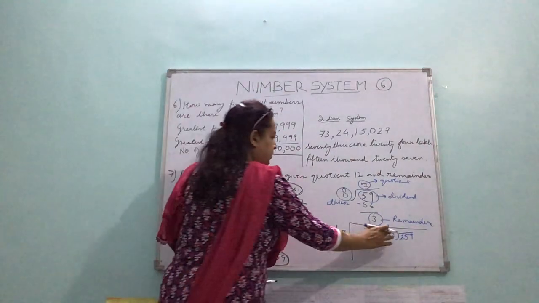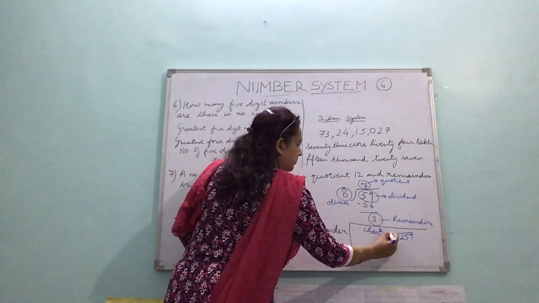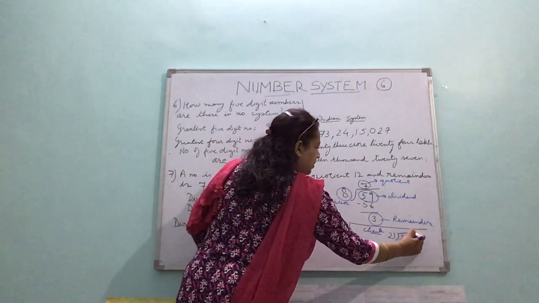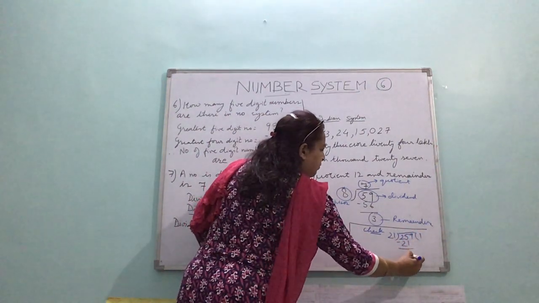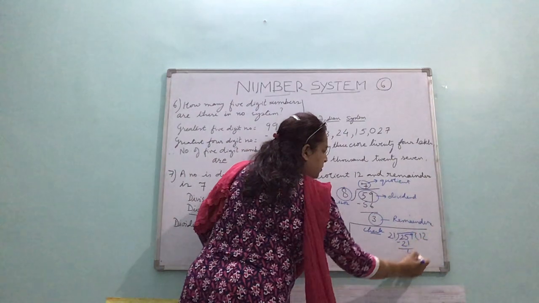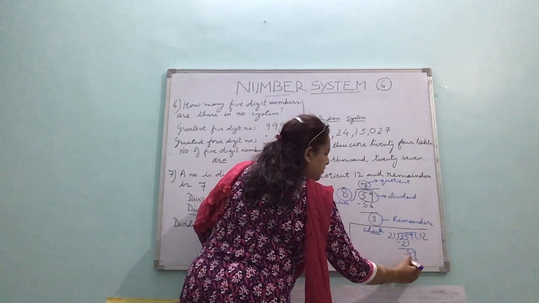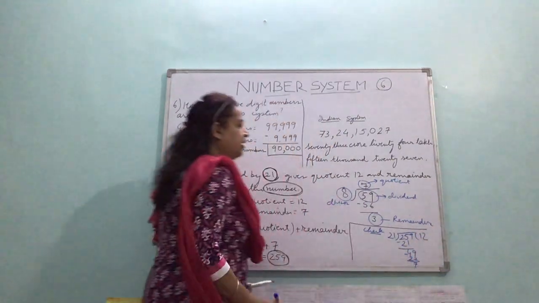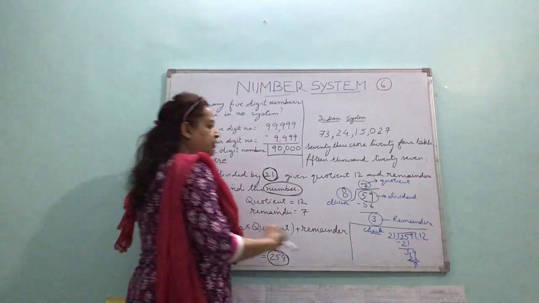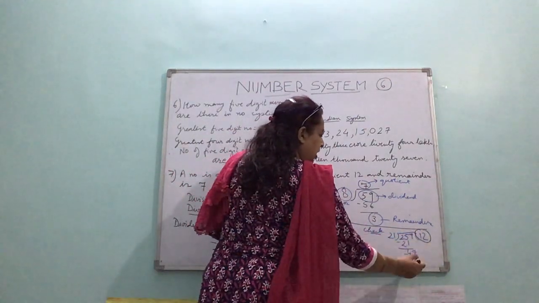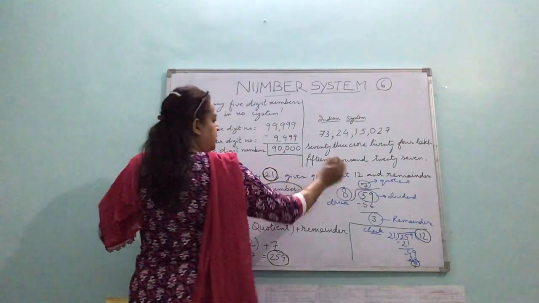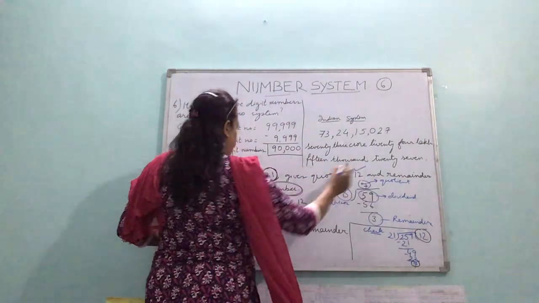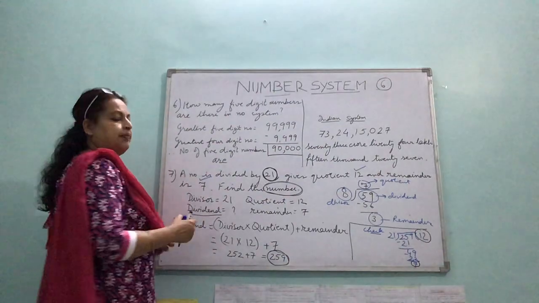No, divisor was 21. 21, 1, 2, 1, 4, 9, 2 times 22, 7. So the quotient here, if you see, is 12 and the remainder is 7, and that is what the question is saying. Quotient is 12 and the remainder is 7.